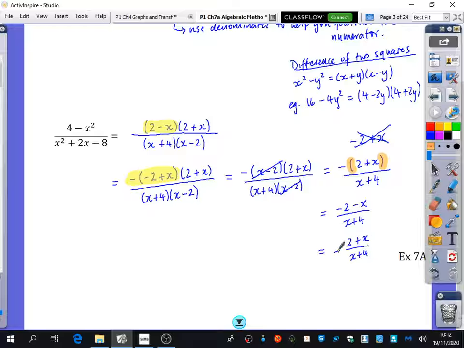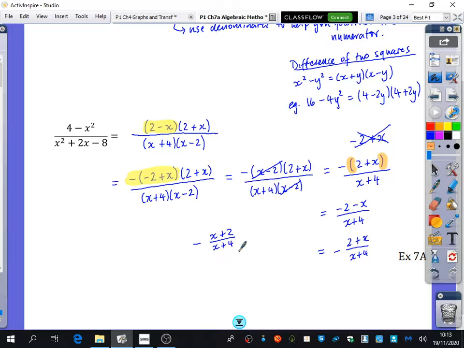You'll see the negative hovering outside on the same level as the fraction line. Obviously here, you didn't need to write 2 plus x. If you wanted to, you could have switched it so it was x plus 2, just because that's a bit more of a traditional way how it might look. So you might have seen it as minus x plus 2 over x plus 4. That's another way you could see that.